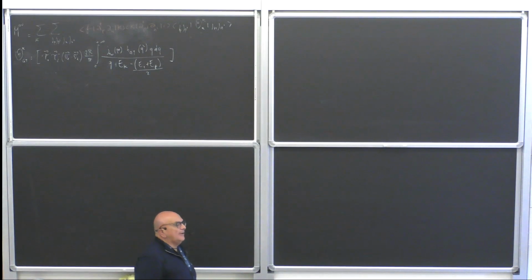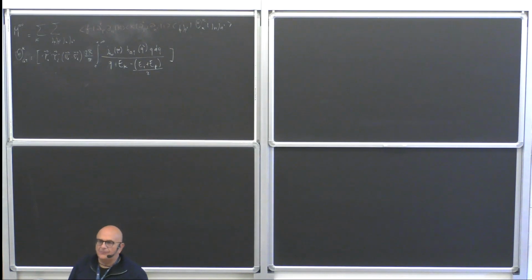Okay, let's start. I want to start from where we left off yesterday: the expression of the nuclear matrix element that should be calculated, which then appears inside the definition of our inverse half-life.